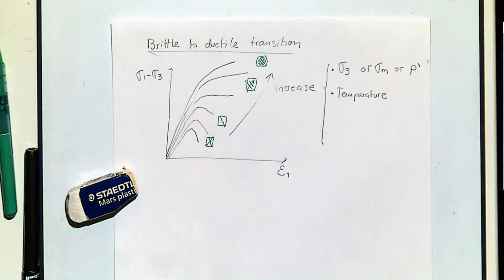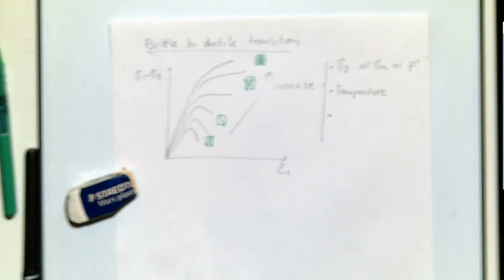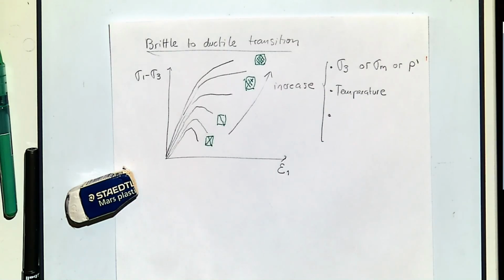Another factor, do you think about any other thing that could cause this type of transition? Heterogeneity, probably, but that's a very general term, heterogeneity. What do you mean specifically with heterogeneity?